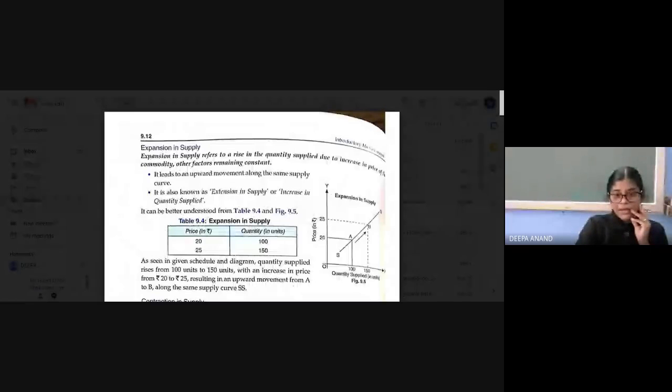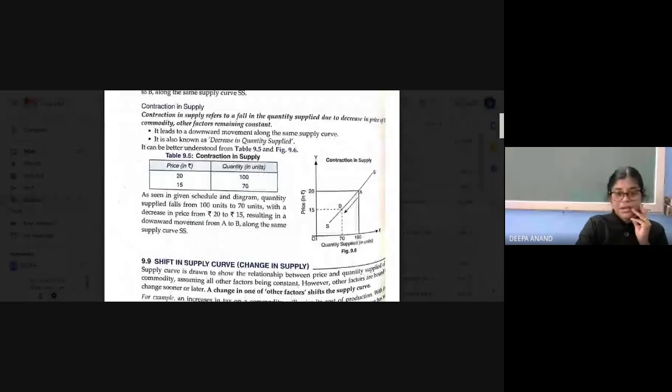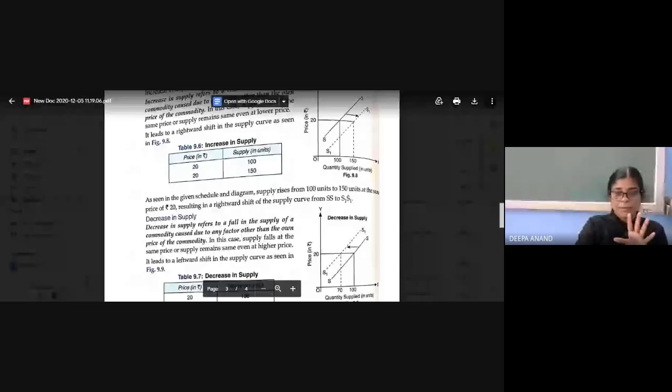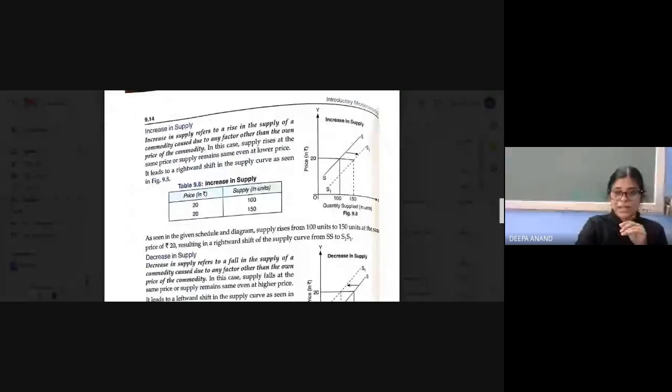Only show the increase in supply. If decrease in supply is asked, you just have to show the original and decrease. So that's it. Then distinguish between movement along supply curve and shift in supply curve, change in quantity supplied and change in supply, expansion and increase in supply, contraction in supply versus decrease in supply.